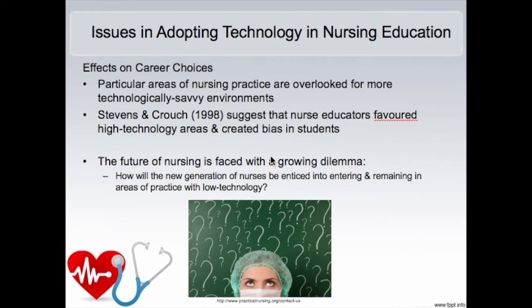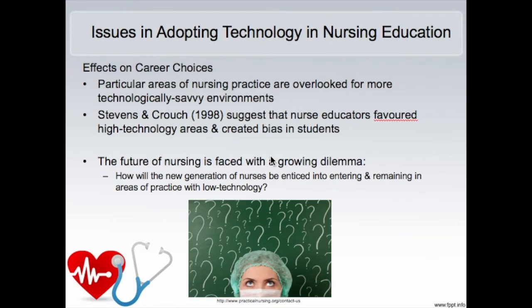It is becoming obvious that particular areas of nursing practice are overlooked in favor of more technologically savvy environments. Research from Stevens and Crouch suggests that nurse educators favor high technology areas of nursing practice and create biases in students.